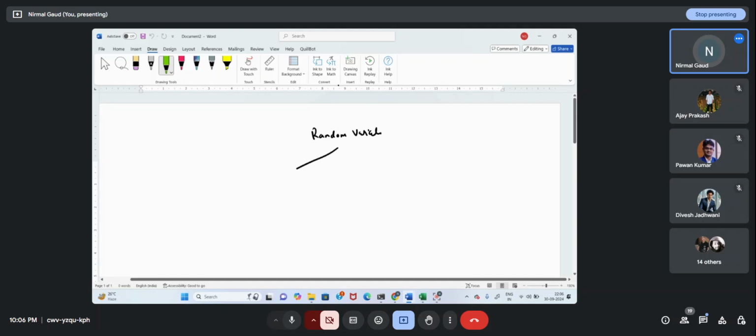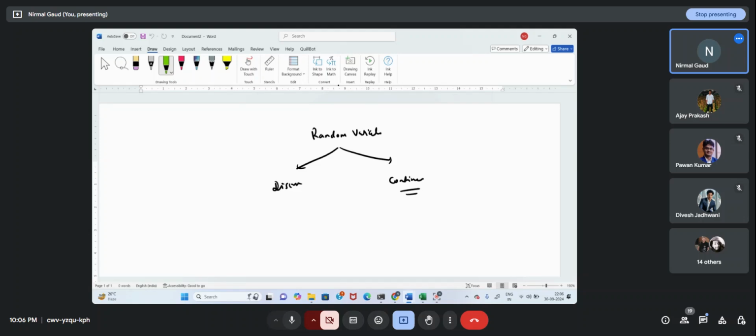We do have discrete also, we do have continuous also, which shows the distribution of discrete and continuous variables. For continuous, we prefer the normal distribution.